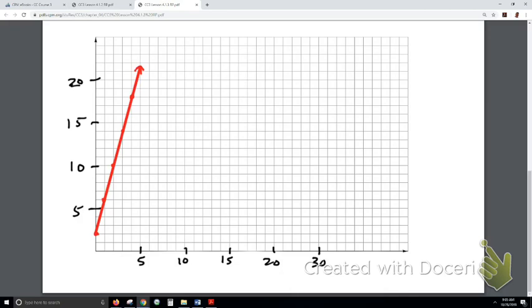Okay, so we're going to move on to pattern number 2 now, and I'm going to use this in green, and the equation was y equals 4x plus 1. So I've got (0, 1), (1, 5), (2, 9), (3, 13), and (4, 17).